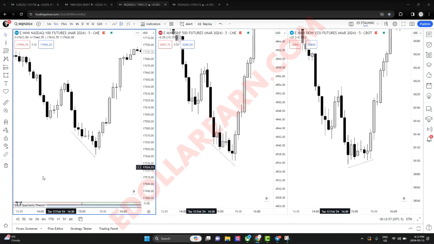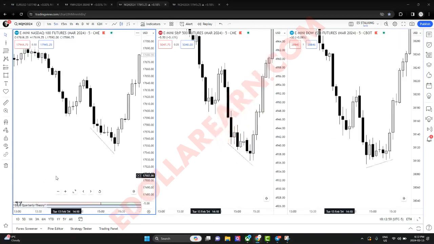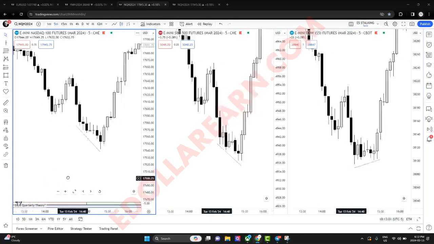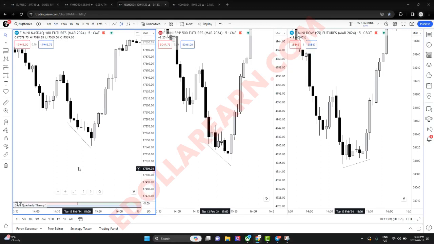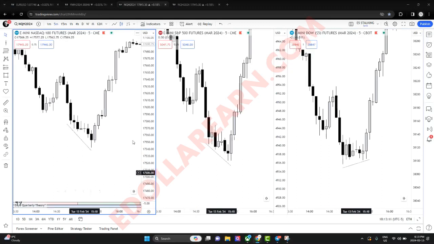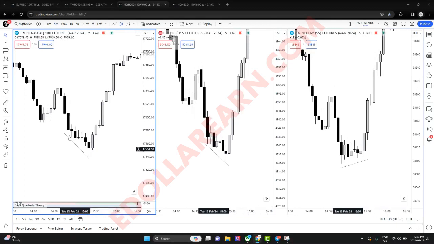So this is Q2 of the 90-minute cycle. This is Q3 of the 90-minute cycle during the afternoon session. So this was actually the low of the week, which was on Tuesday, where we expected the low of the week to form.